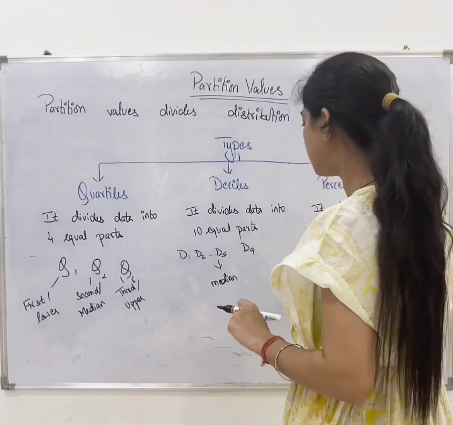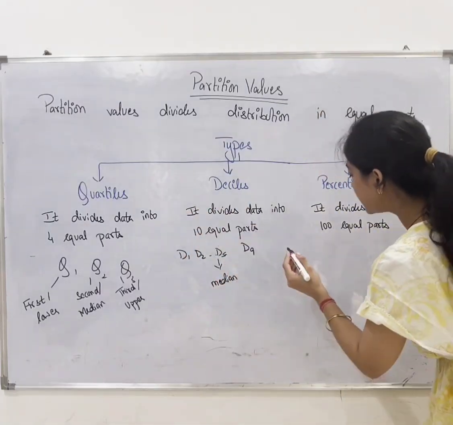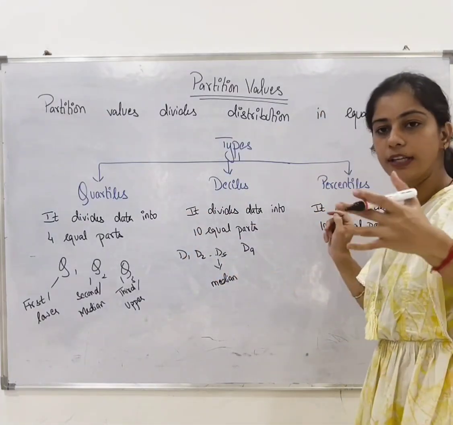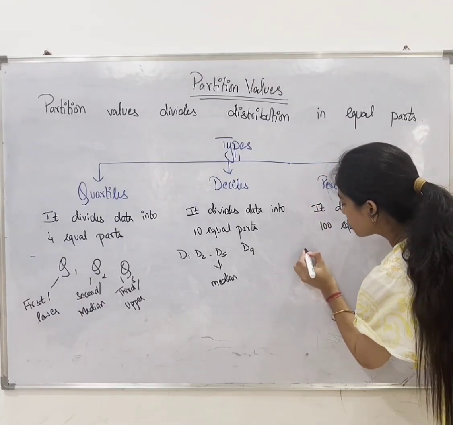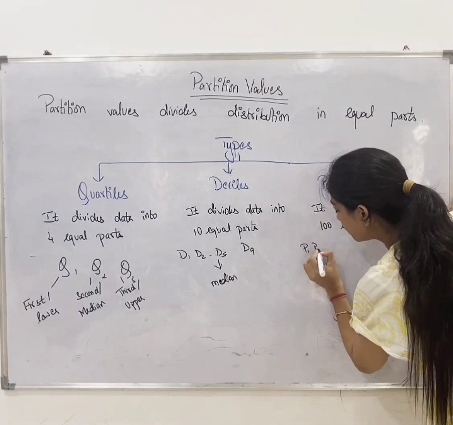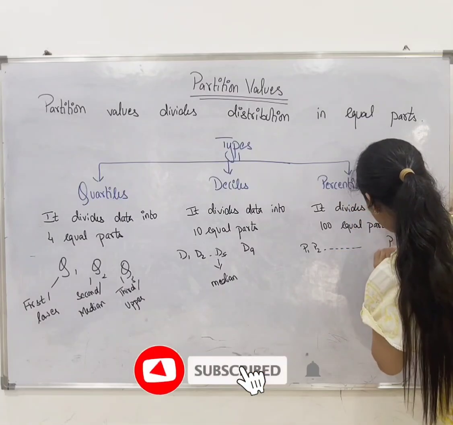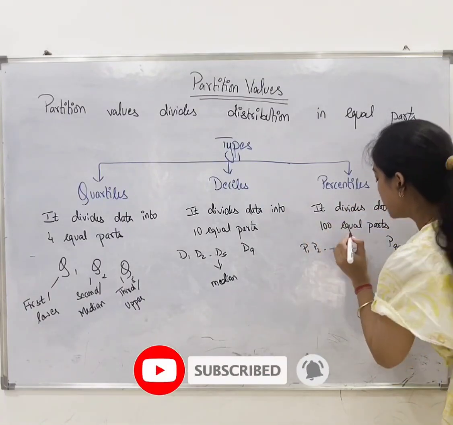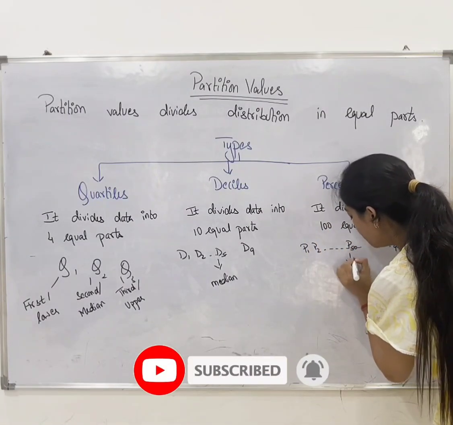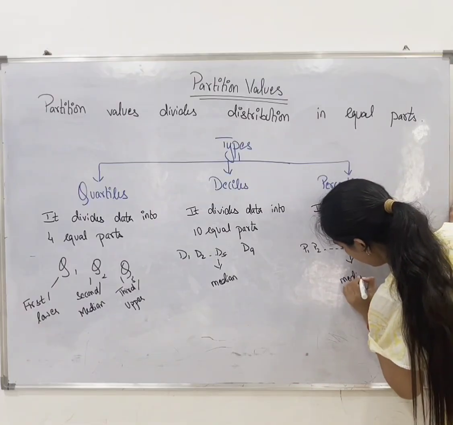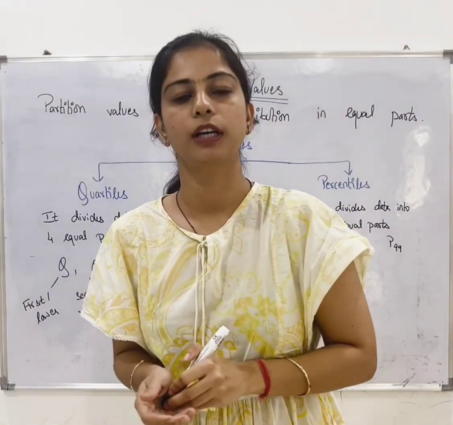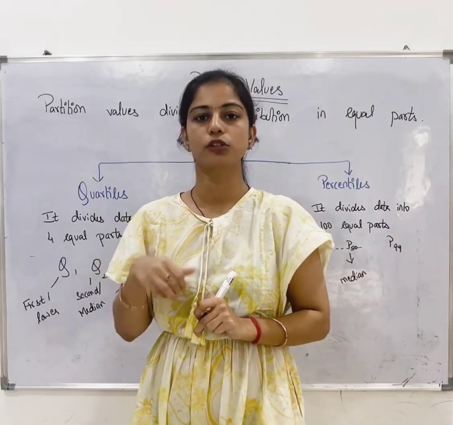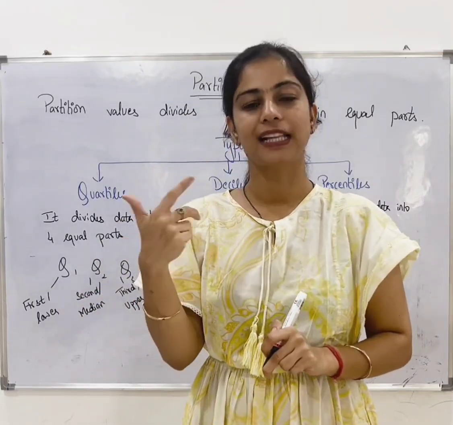Coming to the last one, percentiles: since the data is divided into 100 equal parts, we will have 99 percentiles, starting with P1, P2 and so on, up to P99. P50 will become the median in the case of percentiles. So this is all about the 3 types of partition values: quartiles, deciles and percentiles.